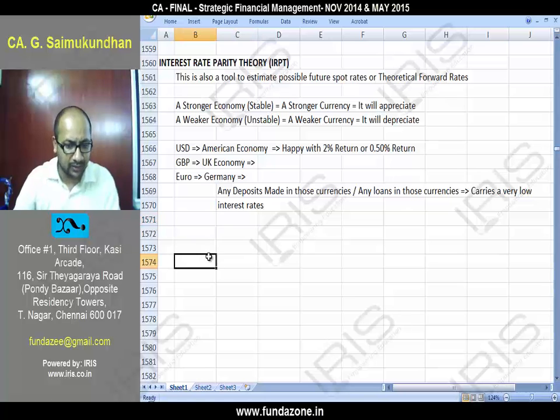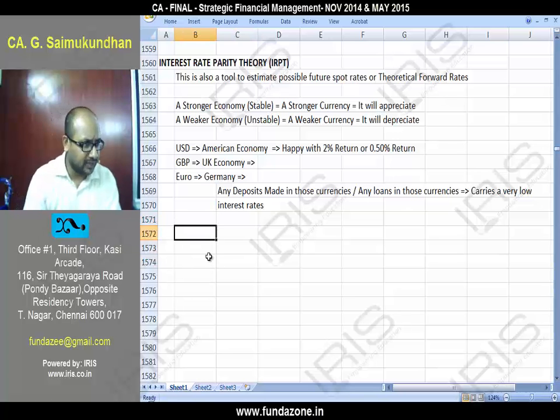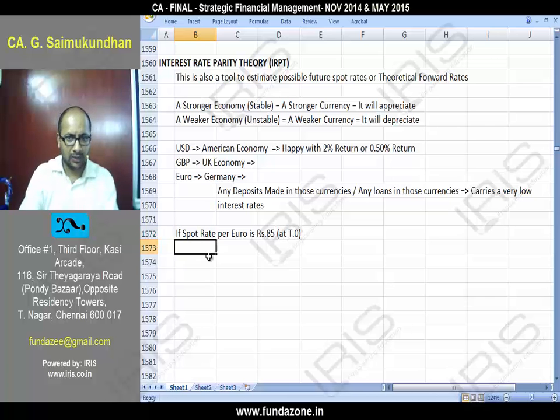So what exactly is this theory all about? The theory states that, I'm just giving a small example, if the spot rate per euro is rupees 85, that is today, this is your deal. We have a sum of, let's say, 85 lakhs, a standard deal for investment.